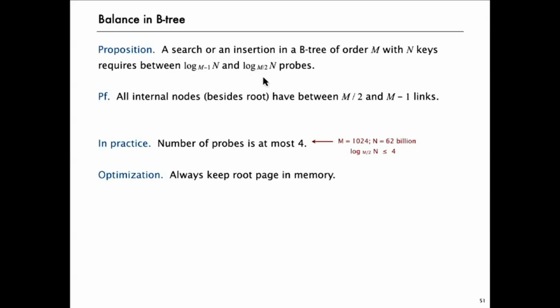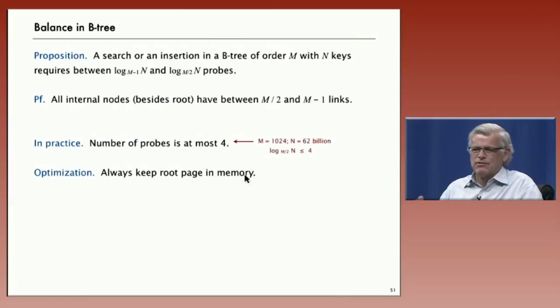So what power do you have to raise 500 to get bigger than N? In practice, that's going to be like 4 or 5. And we can keep the root page in memory, so that it means for any conceivable application, you can get to any piece of data, even if it's trillions of pieces of data. It's a huge file. You can get to any one with only 5 or 6 probes.